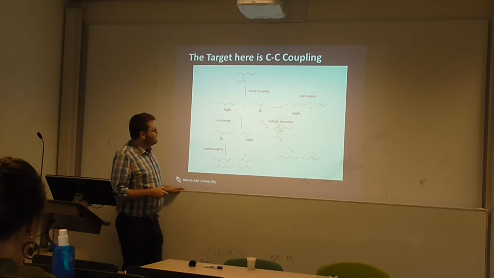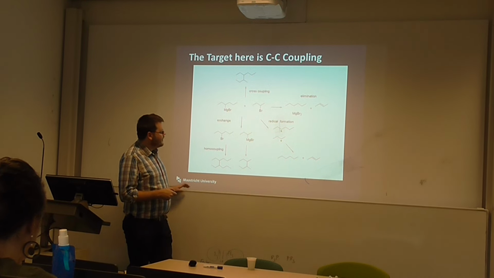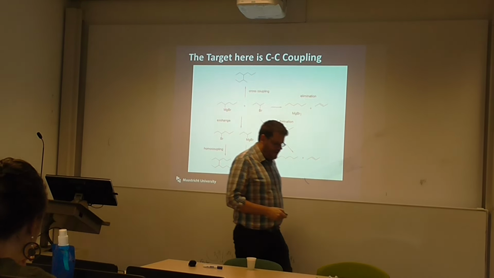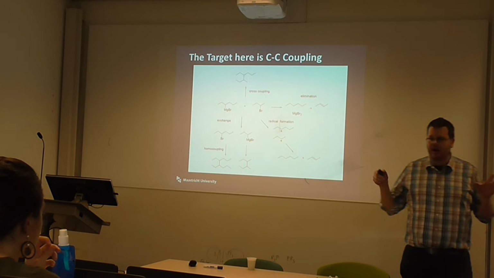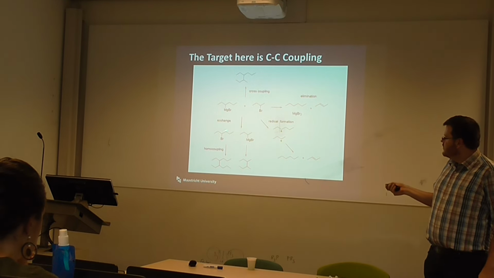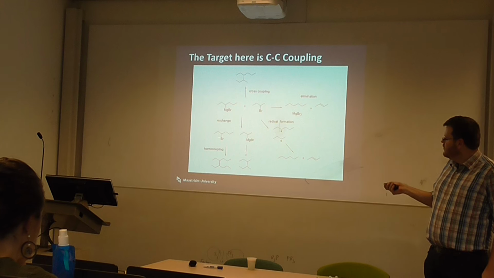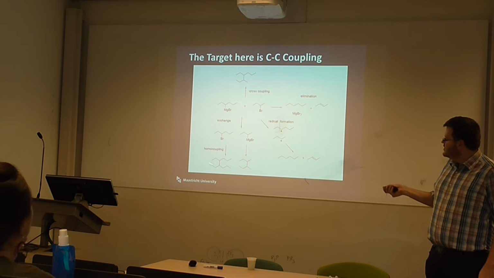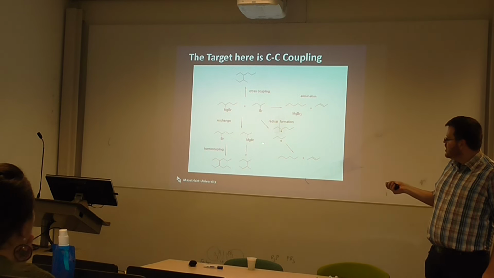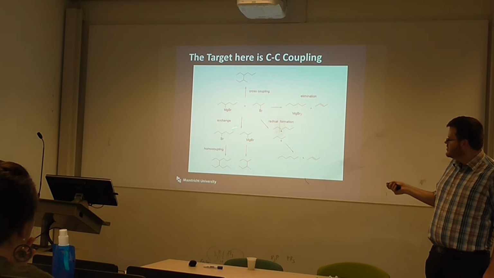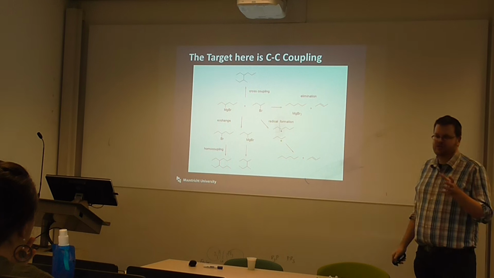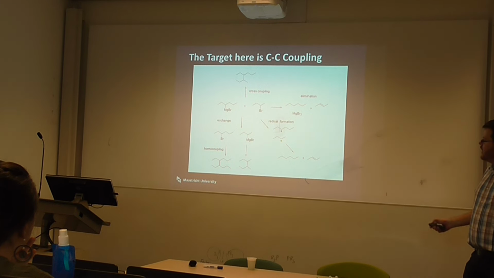Now, that's of course a problem. Another problem that you typically have with alkyl Grignards, if you're trying to cross-couple them with alkyl bromides or alkyl halides, is that you get homocoupling. So you get this exchange of the magnesium bromide hopping between the two substituents, because you have the Schlenk equilibrium, remember.